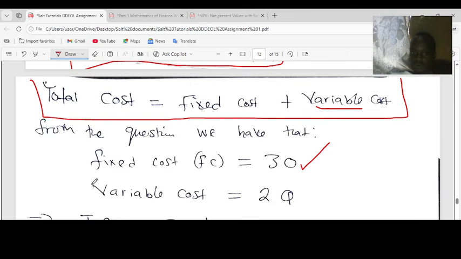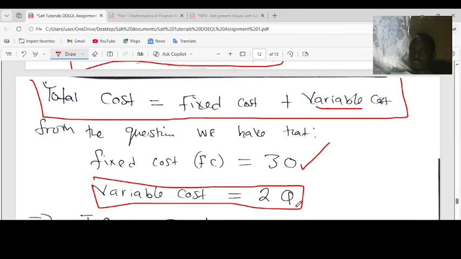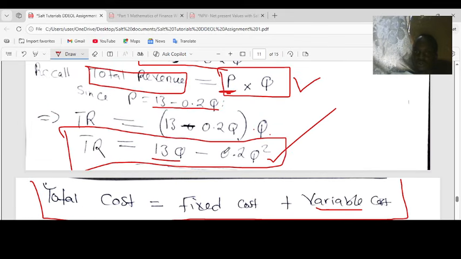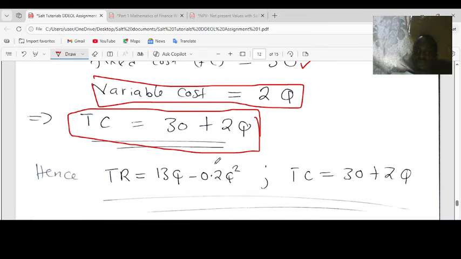So the variable cost will be 2 times Q. That is why the total cost becomes fixed cost plus variable cost: together we have a total cost of 30 plus 2Q. So we have the total revenue expression and the total cost expression. As simple as that.